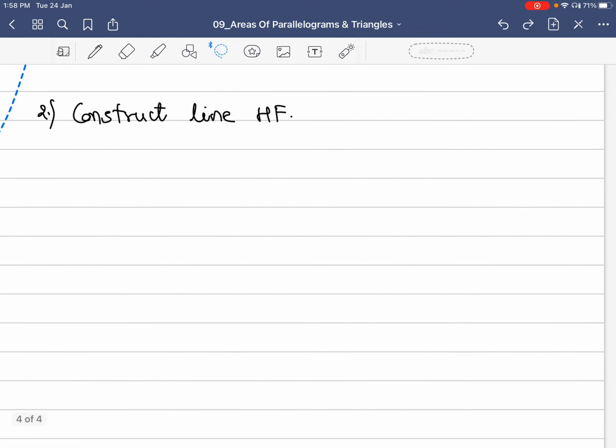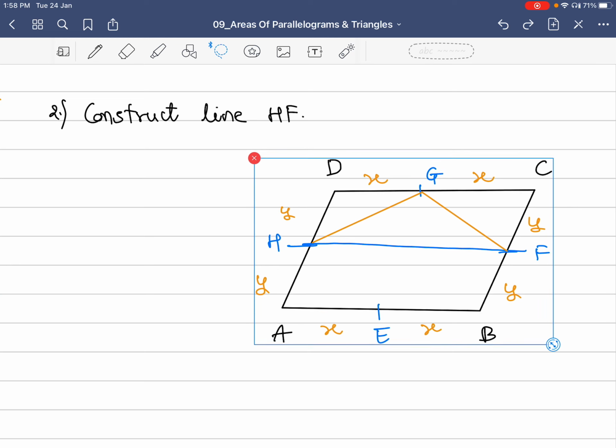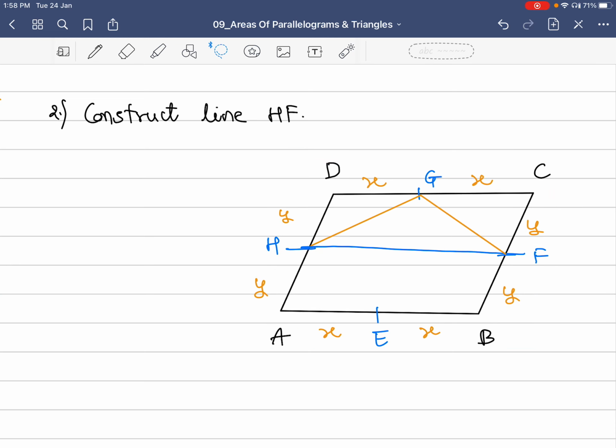So let's come here and paste. There are certain things which I don't want, so we'll just erase them. Yes, this is what I want us to focus on. We have the constructed line HF.